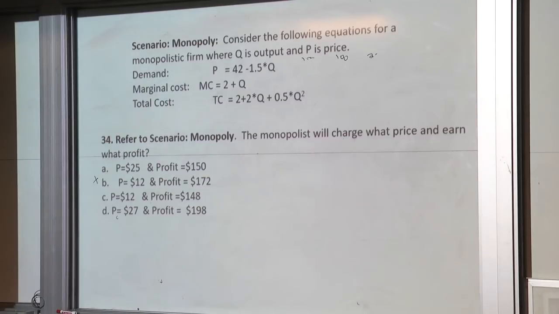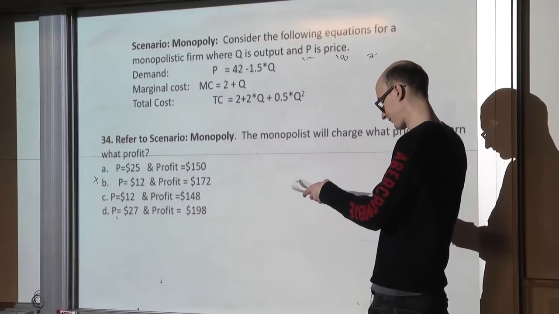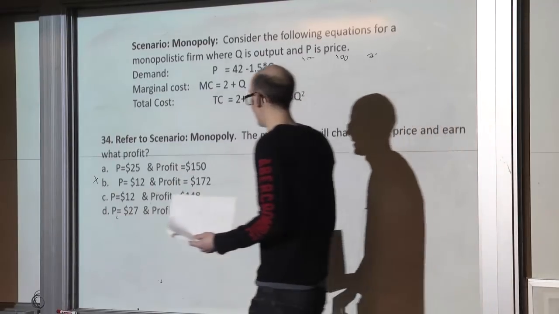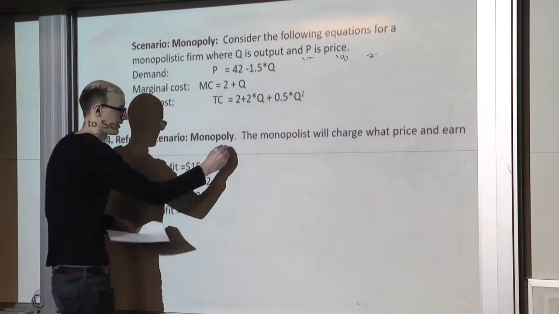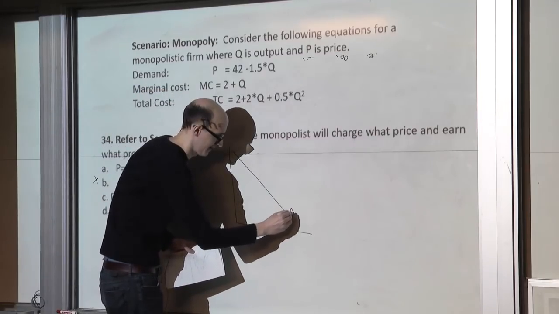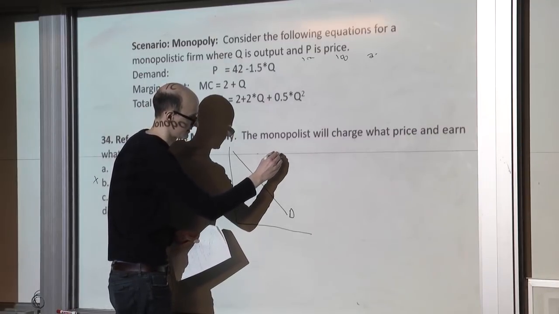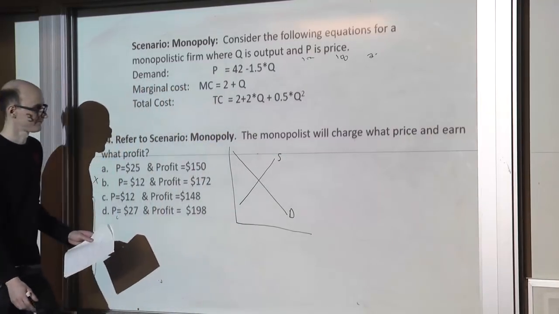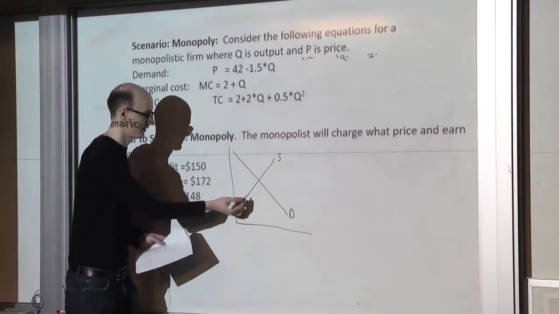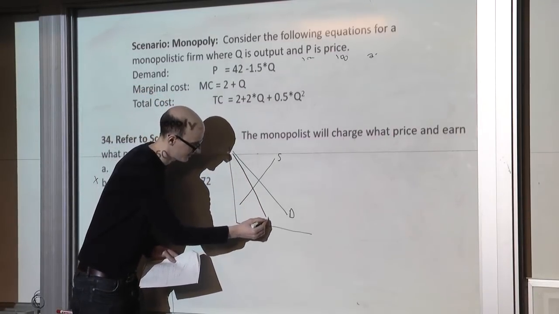All right, so here's the monopoly case. In the monopoly, remember, they face a demand curve. But we want to think about this other thing called a marginal revenue curve.